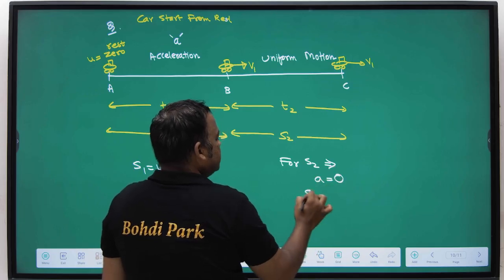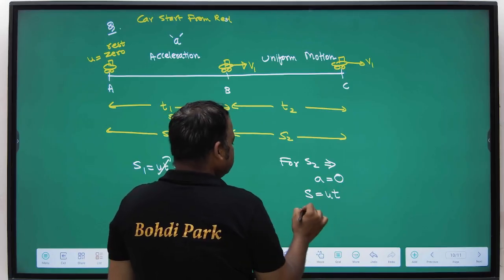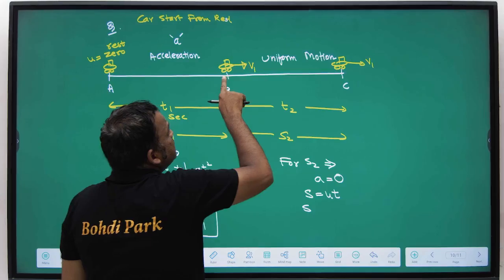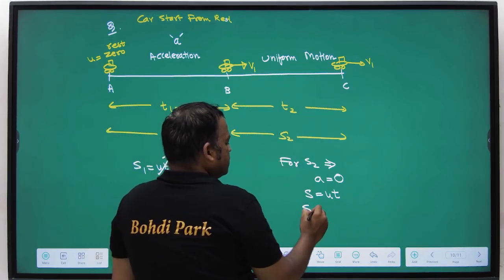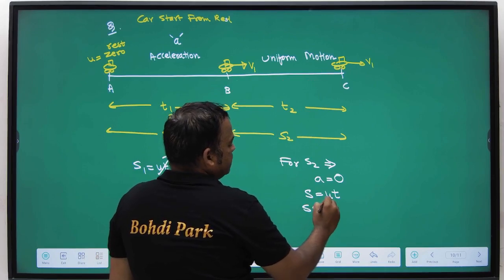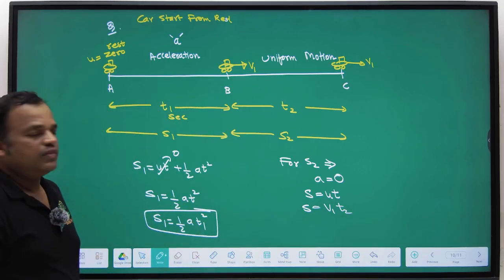For S2, acceleration is 0. So we will use S is equal to ut, and the initial velocity is V1. It is continuously V1. So S will be equal to V1 into T2. How to find V1?